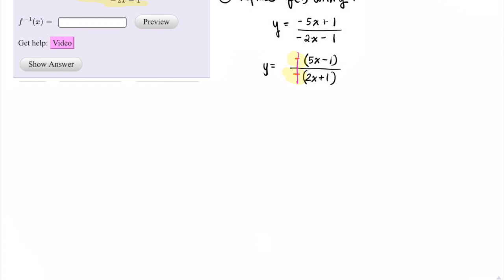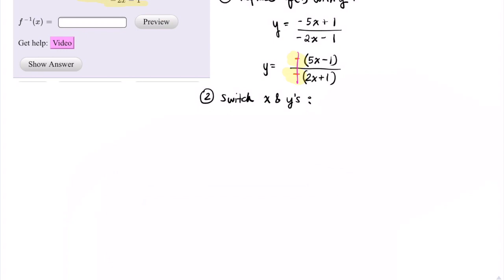So now what we have to work with is y equals positive 5x minus 1 over positive 2x plus 1. Now the second step of finding the inverse after replacing f of x with y is to switch x and y's.